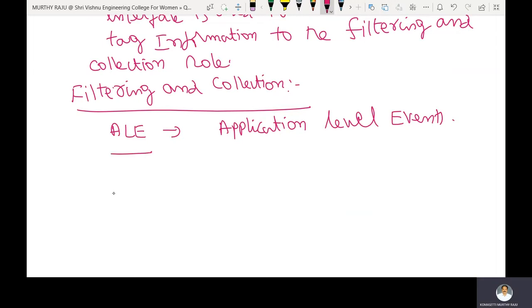ALE is an interface through which clients may obtain filtered and consolidated electronic product data from a variety of sources.